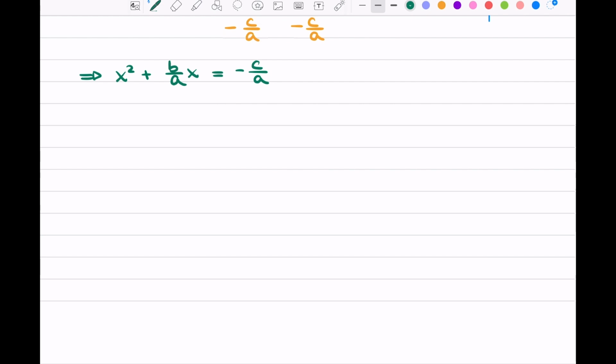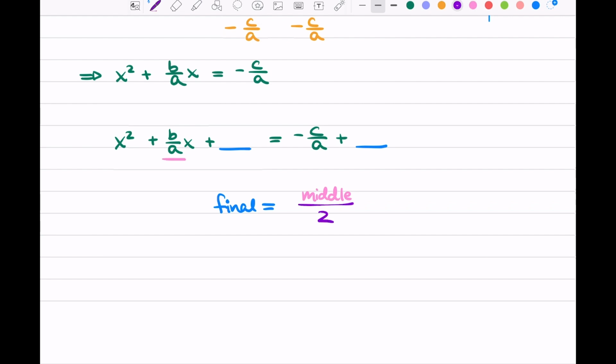Now we're at the step where we're going to complete the square. So we'll have x squared plus b over a times x plus some term. And on the right side, we're going to add that same term. That term that we add is going to make the left side into a perfect square. And as we've learned, that final term is going to be equal to the middle term, which is b over a divided by 2, and all of that squared.